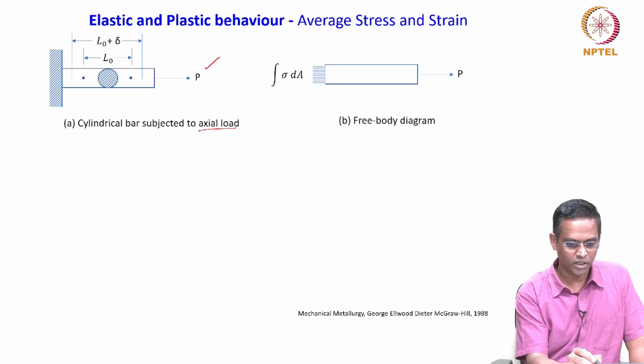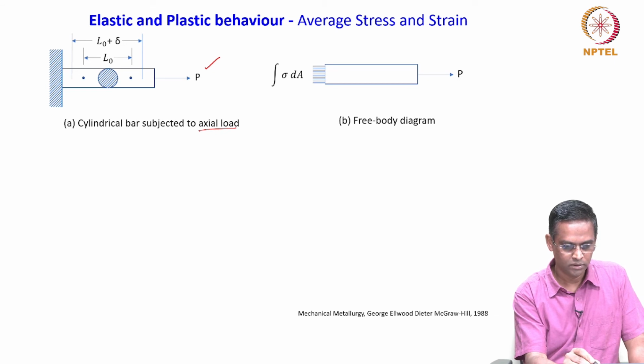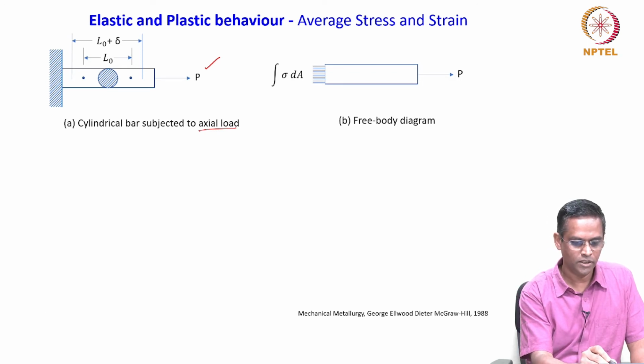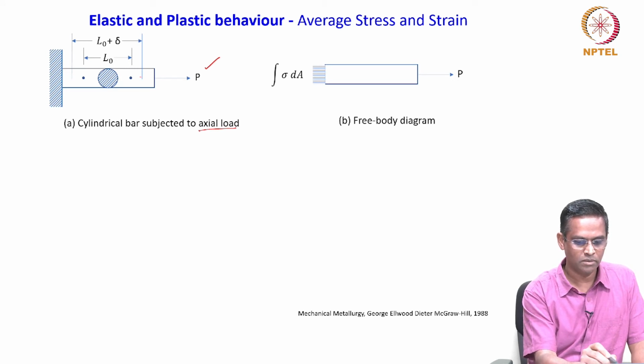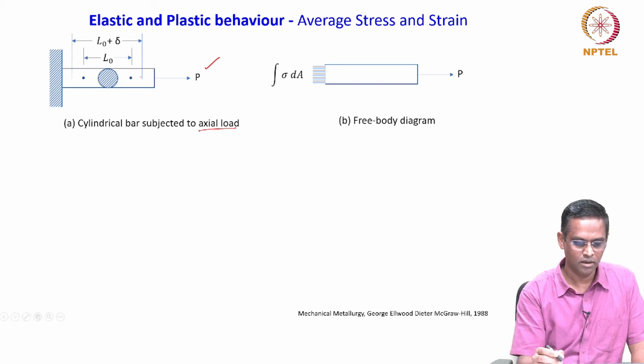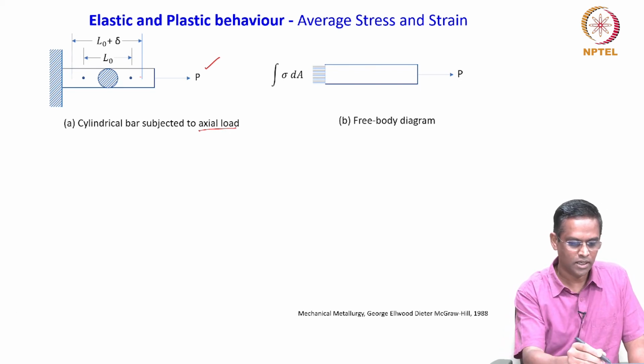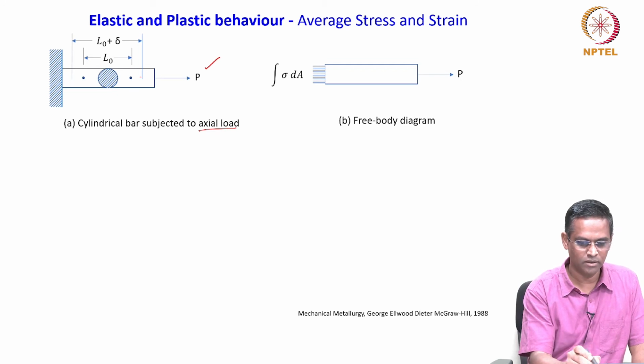Then after you pull this bar to some extent, these two points move to the new positions, and the distance between the two new points will be L0 plus delta. So, what is delta? Delta is the deformation, right.